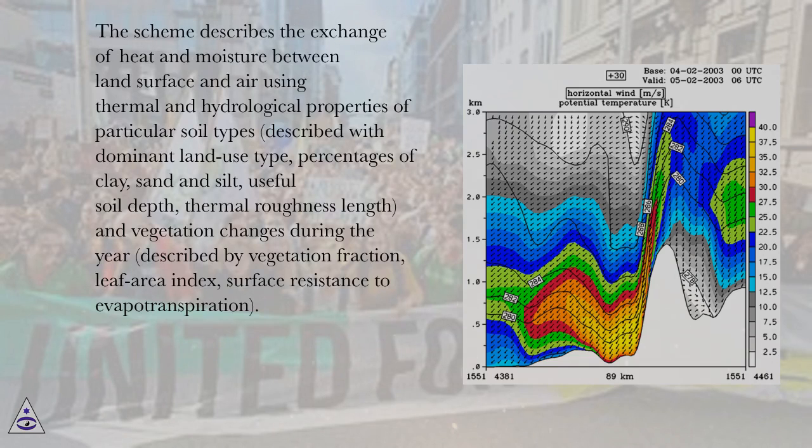The scheme describes the exchange of heat and moisture between land surface and air using thermal and hydrological properties of particular soil types, described with dominant land use type, percentages of clay, sand and silt, useful soil depth, thermal roughness length, and vegetation changes during the year, described by vegetation fraction, leaf area index, surface resistance to evapotranspiration.